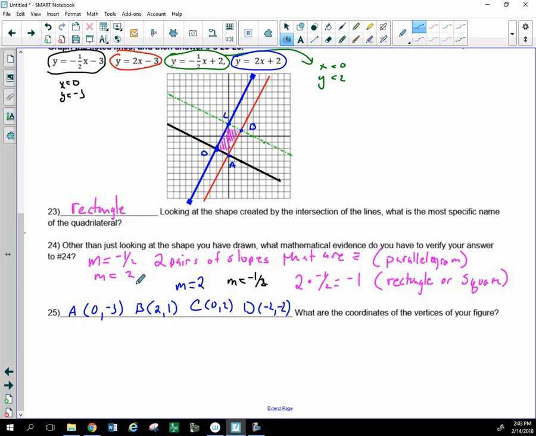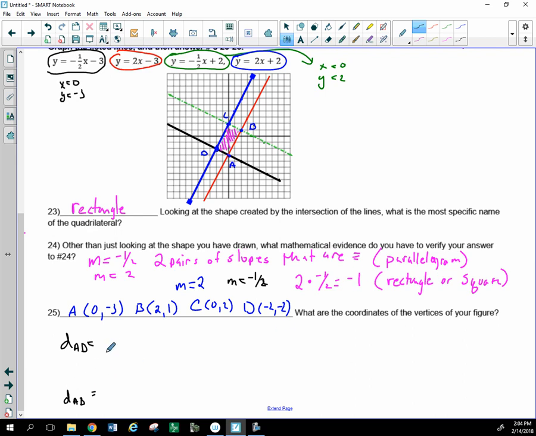So let's calculate the distance of, say, AD, and the distance of AB. If we can get those to be the same, we have a square, because that would pick up the rhombus portion, with all four sides the same, which makes it a square. We've proven that this thing is a rectangle or a square because of the right angles.